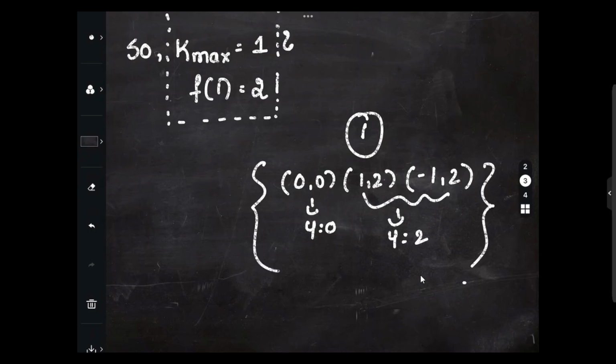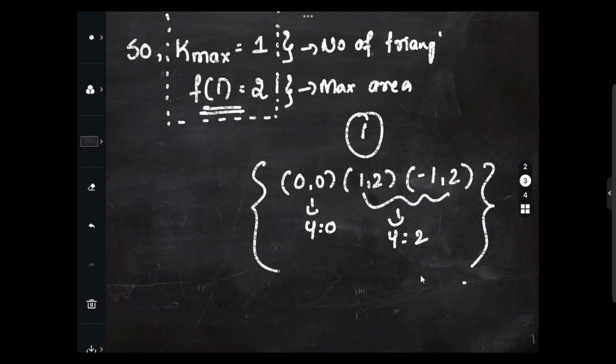So k max would be 1 and f of 1, which is nothing but f of x here, in this case f of 1 is 2. So this is nothing but the max area of the triangle, and this is nothing but the number of triangles that can be formed from three non-collinear points from y equals 0 and y equals 2.